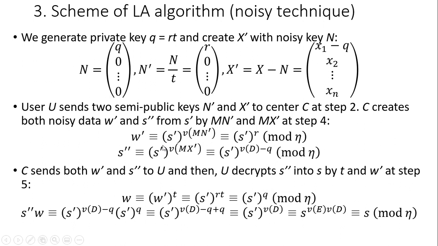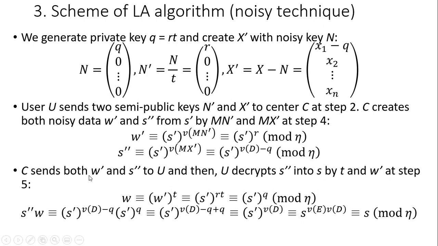W quark is congruent to S quark V M N quark, congruent to S quark R with modulo nu. S double quark is congruent to S quark V M S quark, congruent to S quark V D subtract Q with modulo nu.